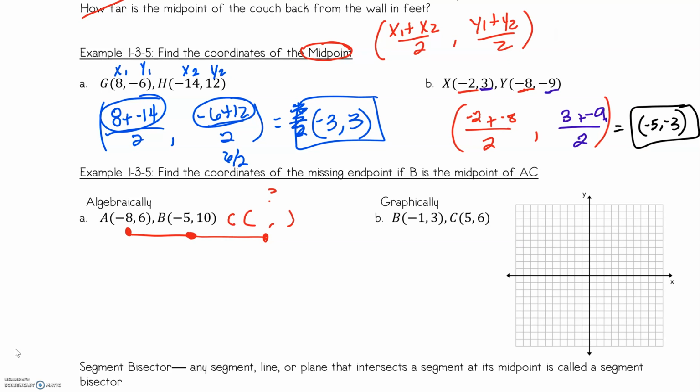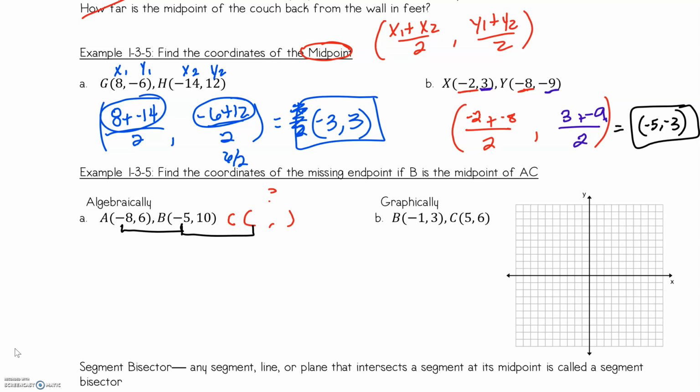Well, we could use our formula and work backwards, but it's quite a bit of algebra, and it gets to be a lot of steps. So here's the easy way: figure out how you are going from here to here. What's that change? Because it's going to be the same change from here to here, right? If this is in the middle, then we are going to just repeat that same change.